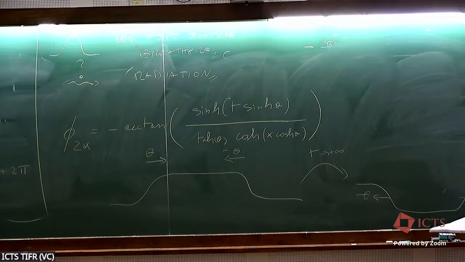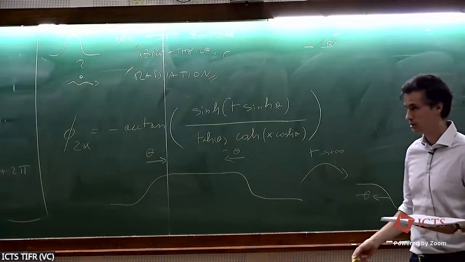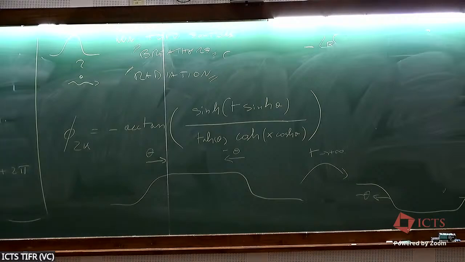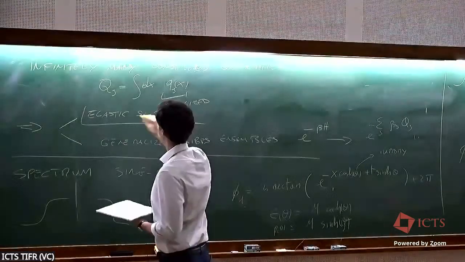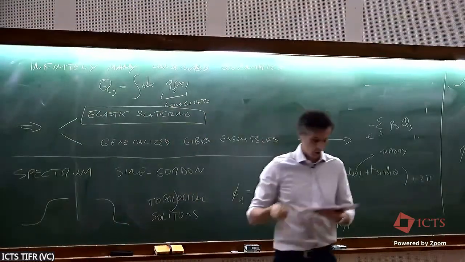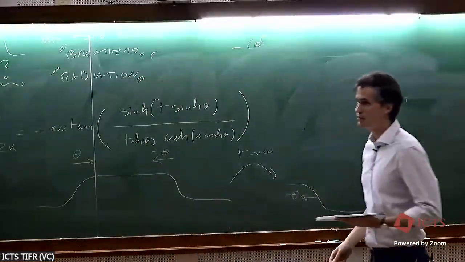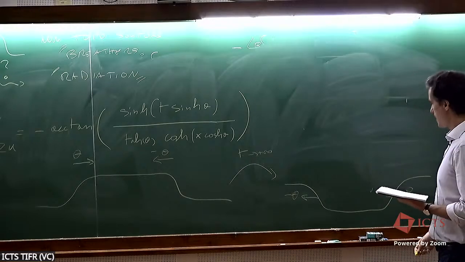You don't see radiation, you don't see other solitons. And this is a peculiarity of integrable systems that have elastic scattering. This holds for this simple scattering event, but holds in general for all the modes in an integrable system, both solitons and even radiative modes, okay?